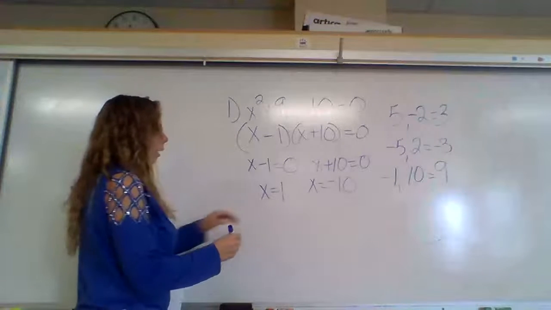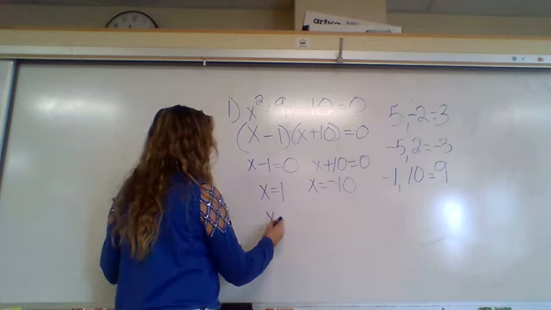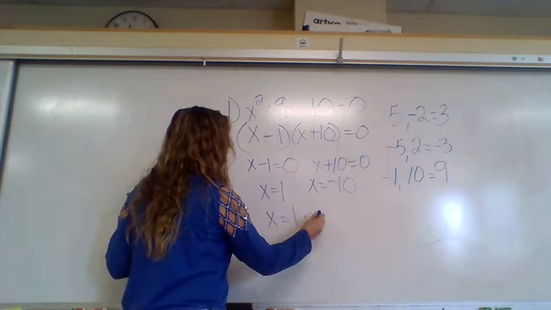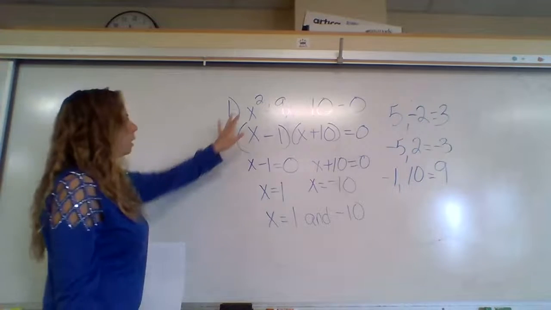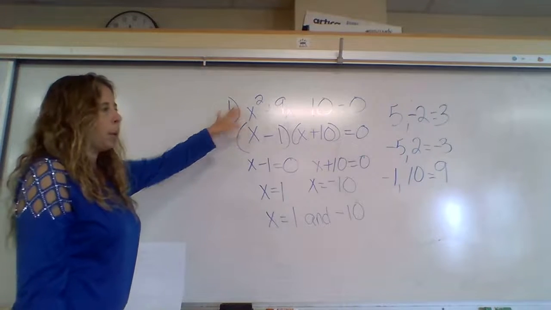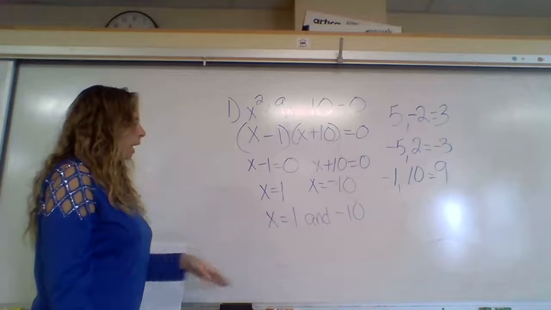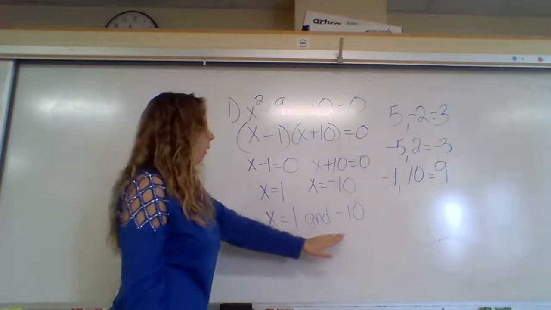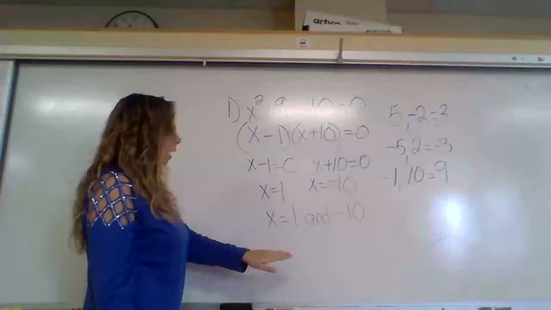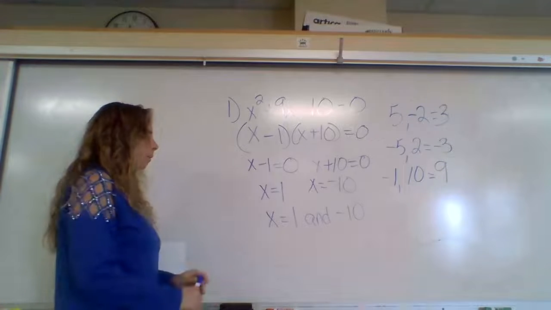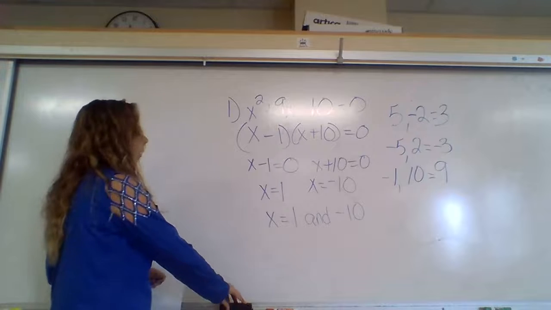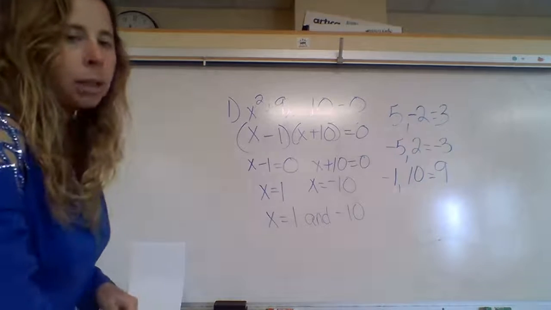So you can leave it like that, or you can write x equals 1 and -10. If you were to graph this equation, it would cross your x-axis at 1 and -10. These are your x-intercepts. Okay? Okay. We'll do the next one.